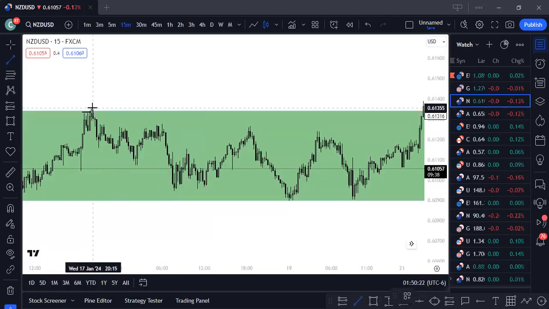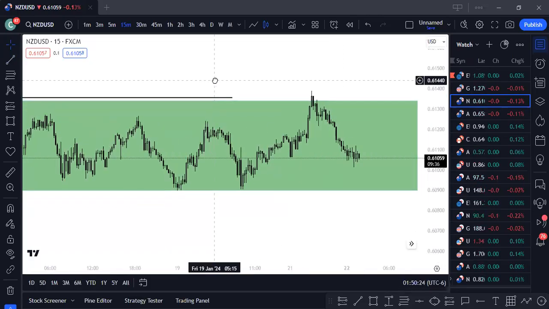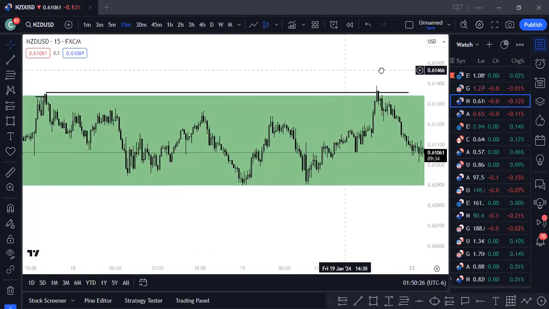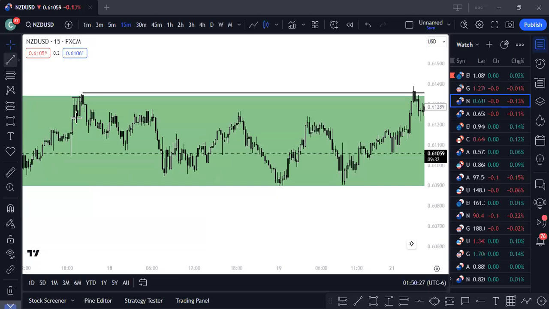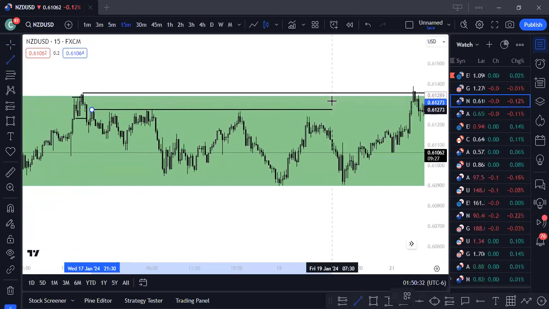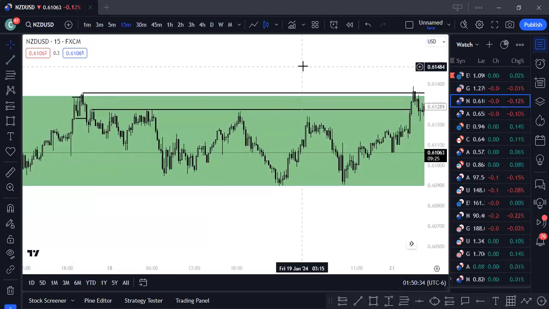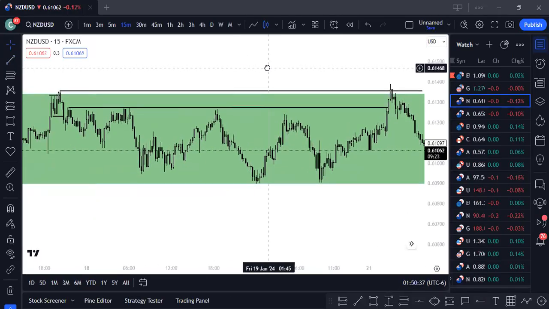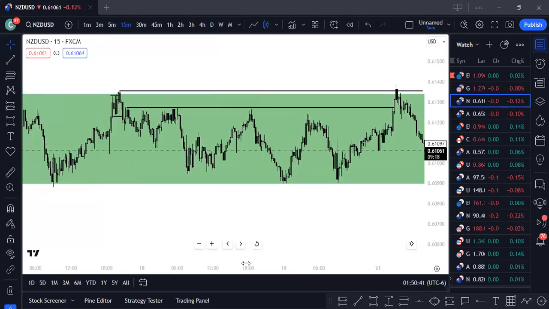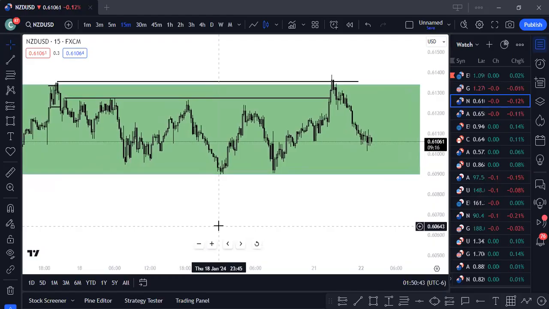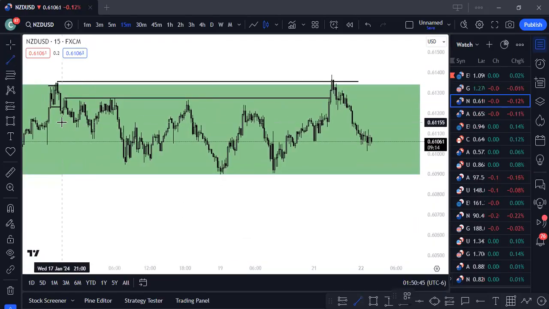Sweep, protected high, right? We have a break. We have structural liquidity. Damn, this might actually sell off though. Second break, POI.